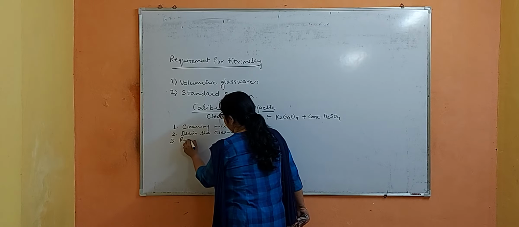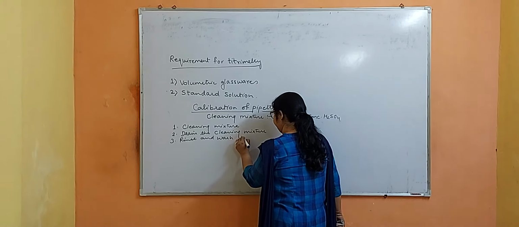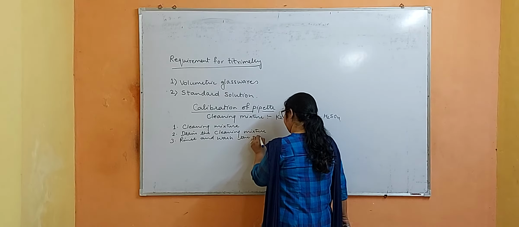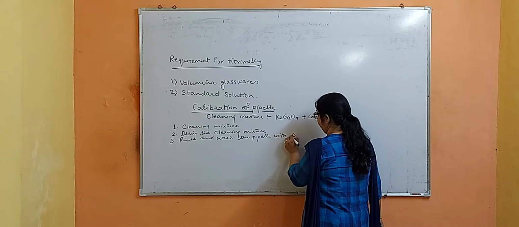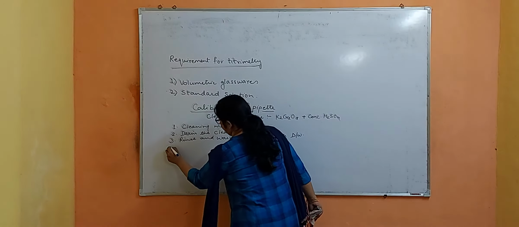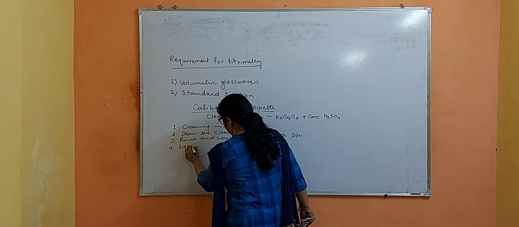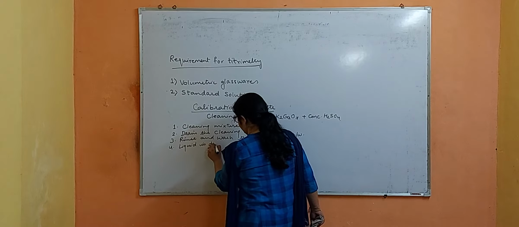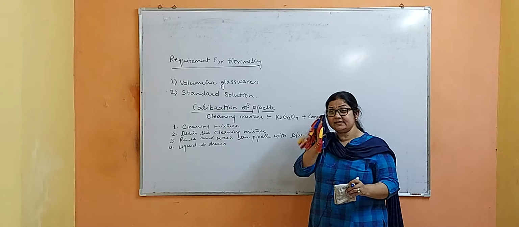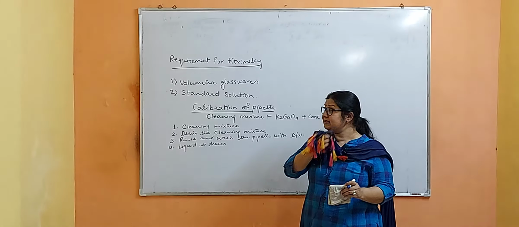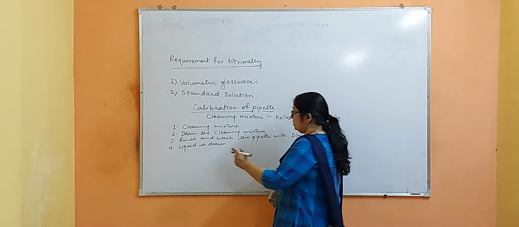Rinse and wash the pipette with distilled water. Now fourth step is, the liquid is drawn into the pipette and the meniscus is adjusted such that the etching mark is tangential to the meniscus of the liquid. Alright.